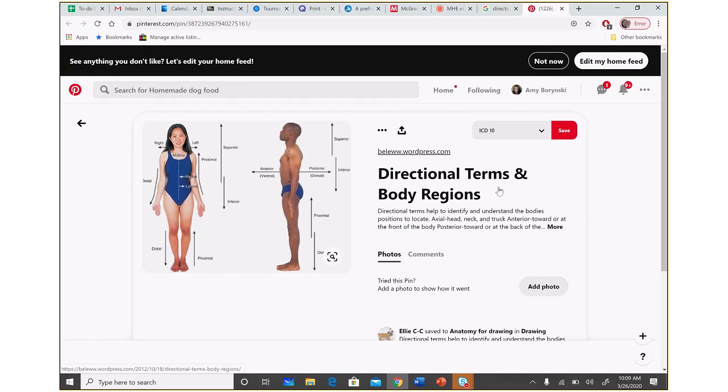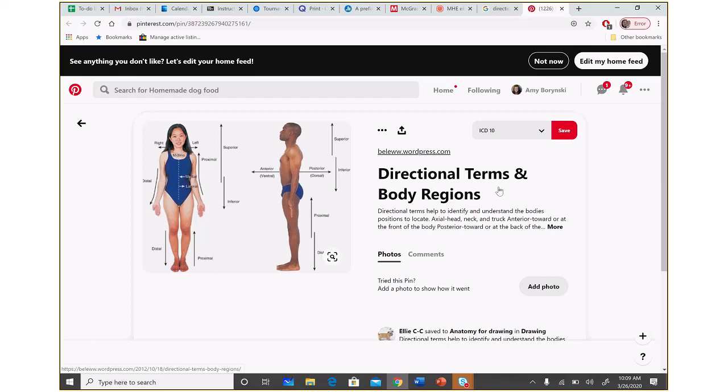Just like superior and caudal, and inferior and cephalad. Anterior and ventral, posterior and dorsal. Literally the same thing.